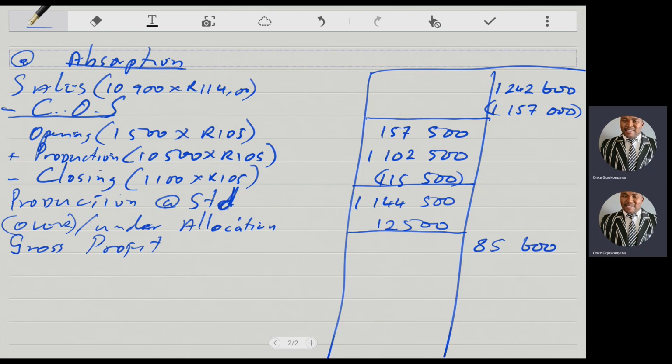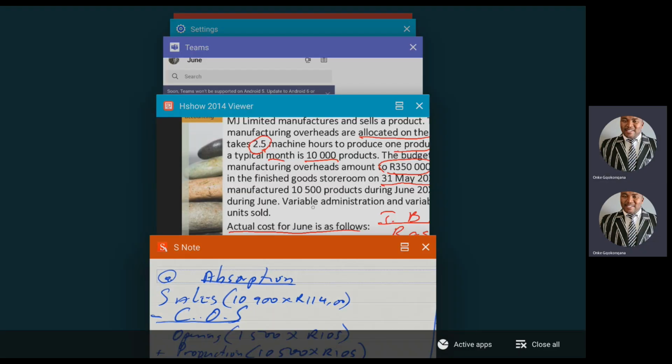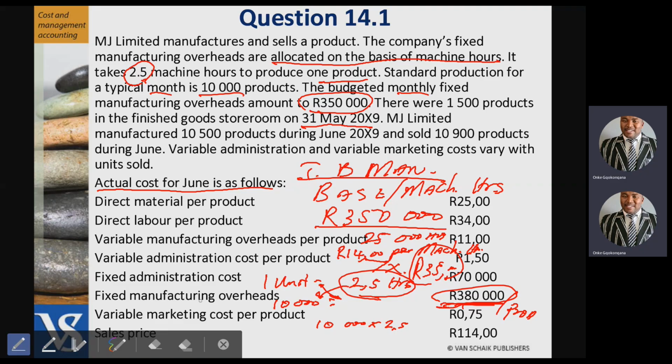And from there, we minus the non-manufacturing costs, because we've already dealt with all the manufacturing ones. So we do have the variable admin, fixed admin and variable marketing. Those are the costs that we're going to take into account now.